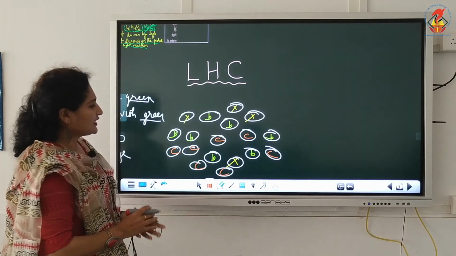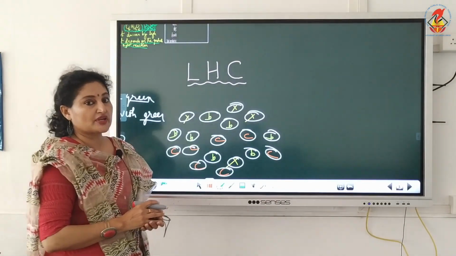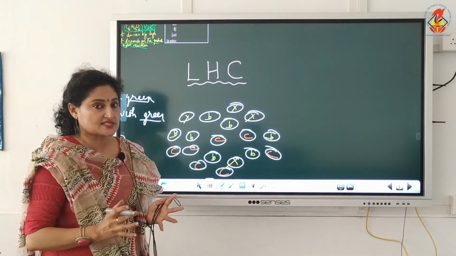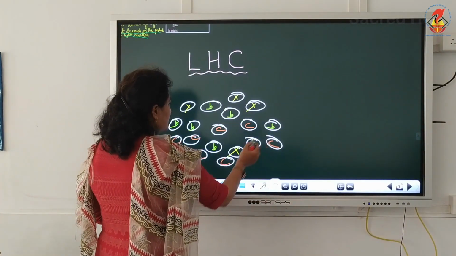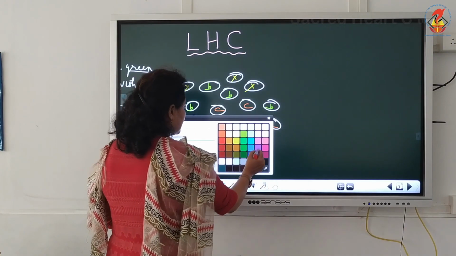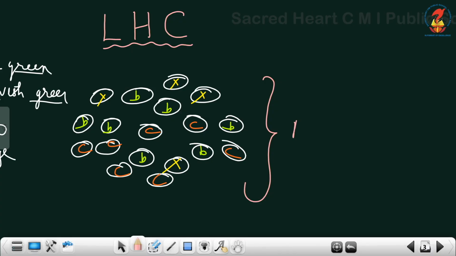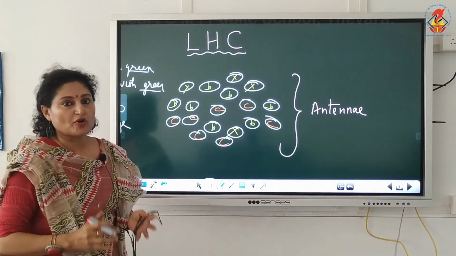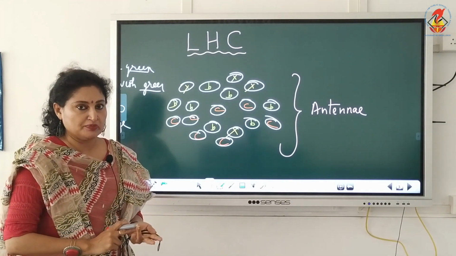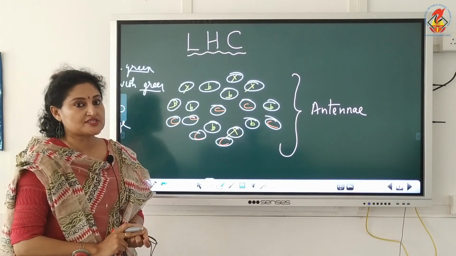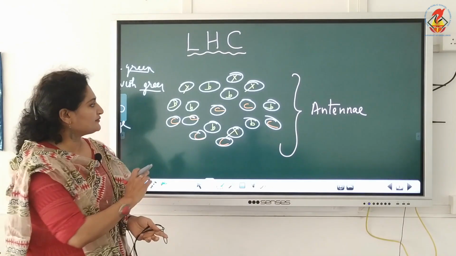So you can see the hundreds of pigments are located on proteins like a cluster, and this structure I have drawn, this cluster, is known as antenna. This entire structure is known as antennae. So what is antennae? It is a group or cluster, an association of hundreds of pigments, namely chlorophyll B, xanthophylls and carotenoids, not having chlorophyll A. Did I put chlorophyll A?